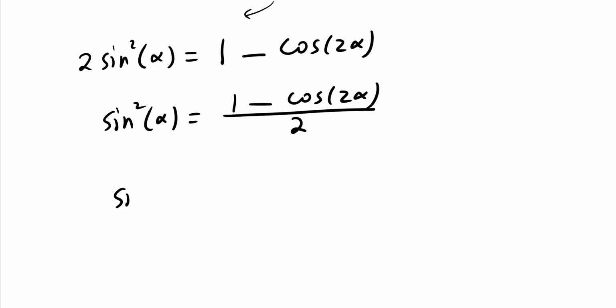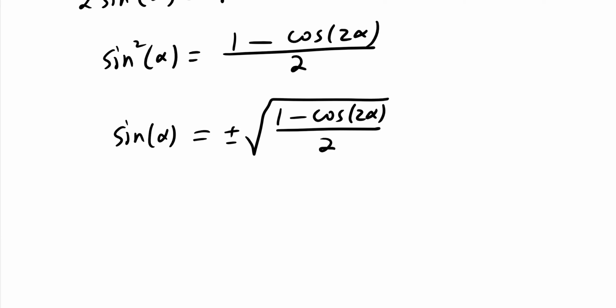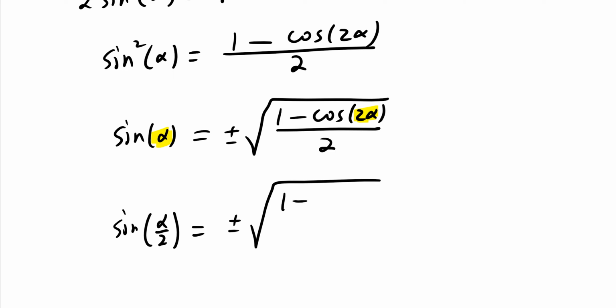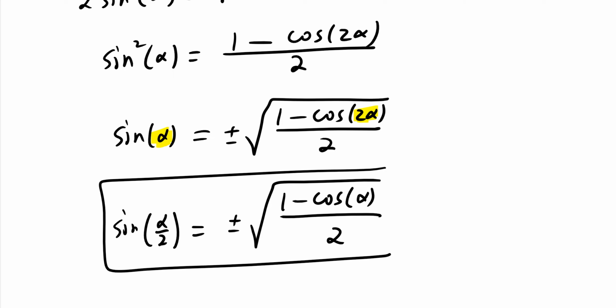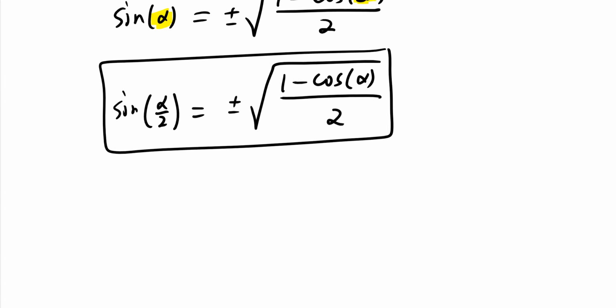Then sine alpha is plus or minus the square root of 1 minus cosine 2 alpha over 2. Again, we can divide the angles by 2. That gives us sine alpha over 2 equals plus or minus the square root of 1 minus cosine alpha divided by 2. These are the formulas for sine and cosine.